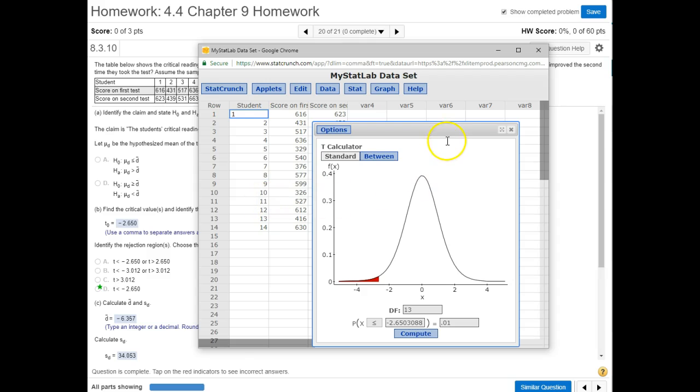Negative 2.65, it's going to round down, because that's 3. And the critical region, what they're asking about next, is this red portion right here. So it's less than negative 2.65. So there we go, right here.